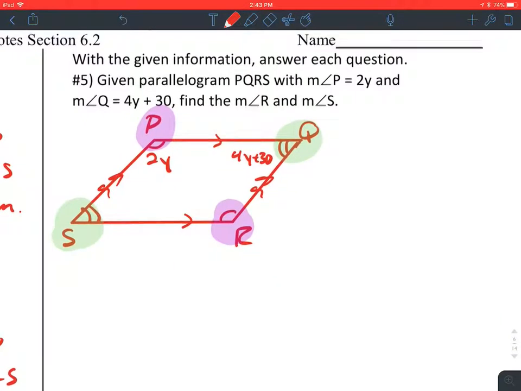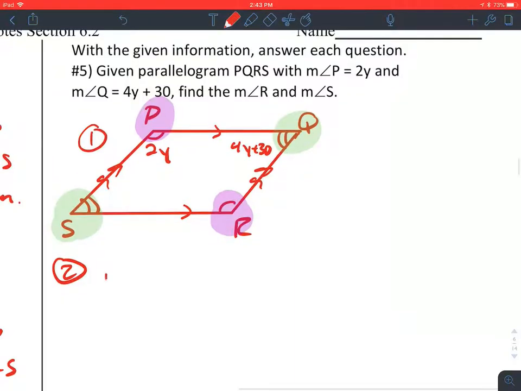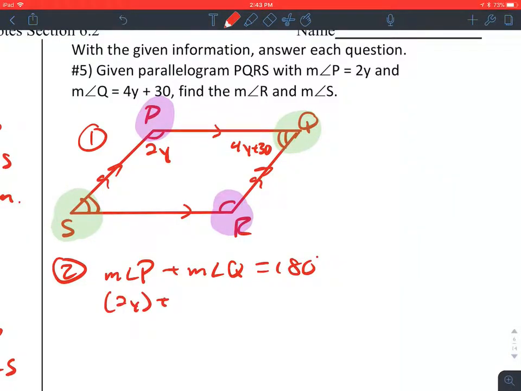That's step 1, drawing the picture. Step 2 is going to be making an equation from one of the theorems, and one of the theorems said that consecutive angles have to be supplementary. So the measure of angle P plus the measure of angle Q has to be 180. P is 2y. Measure of angle Q is 4y plus 30.